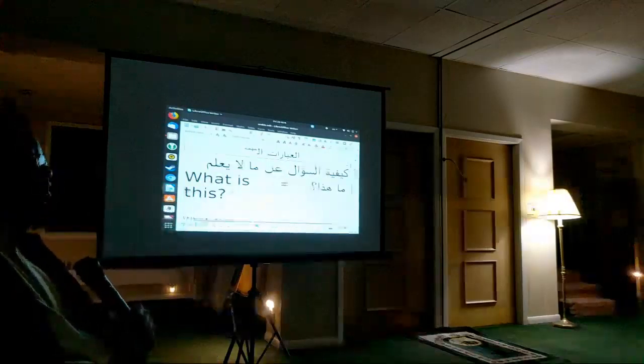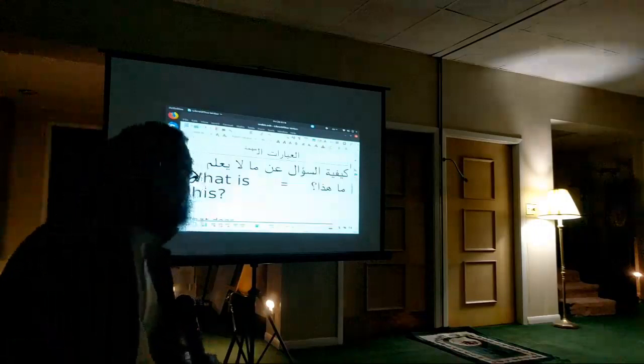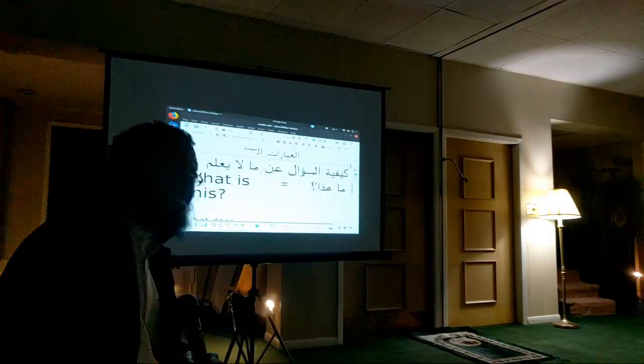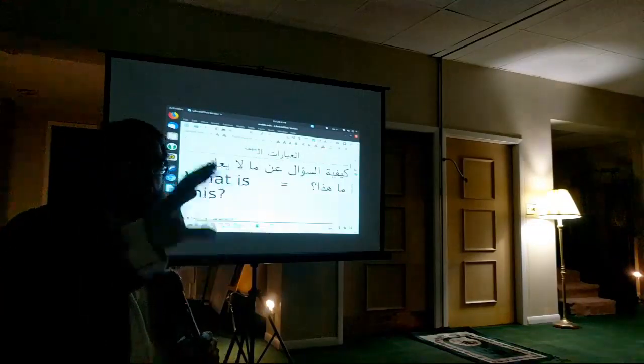Does that have to change depending on if you're talking to a man or a woman? Yes, it does. So it has to be mahadi. But most people, because you're new to the language, they'll understand if you're not able to differentiate the gender of something. Because how do you know something is masculine or feminine without knowing what the word is first?